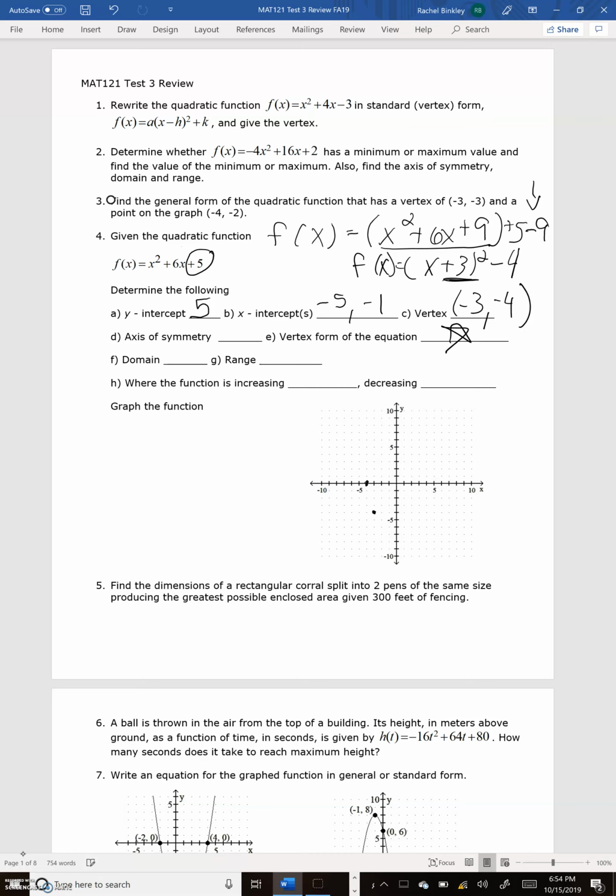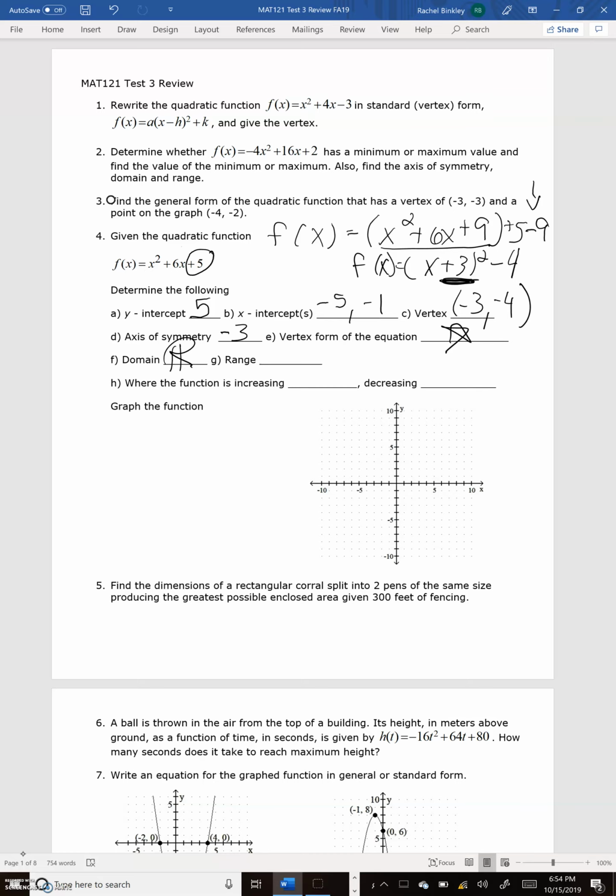Remember, the vertex has to be the opposite of this value in here, if I'm just adding it in there. The axis of symmetry is just going to be negative 3 because that's the vertex. The domain for a quadratic or any polynomial is all real numbers. The range, let's graph it first to find the range.